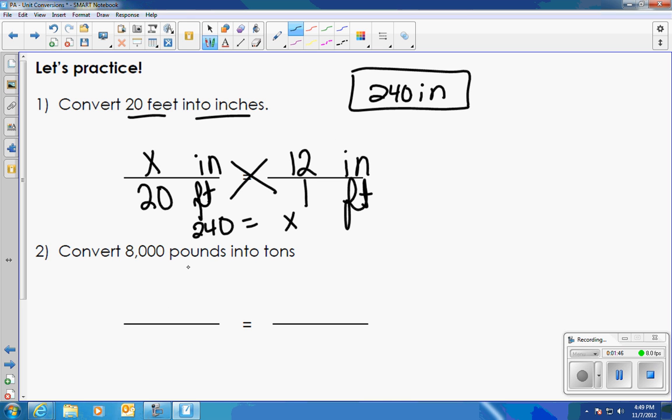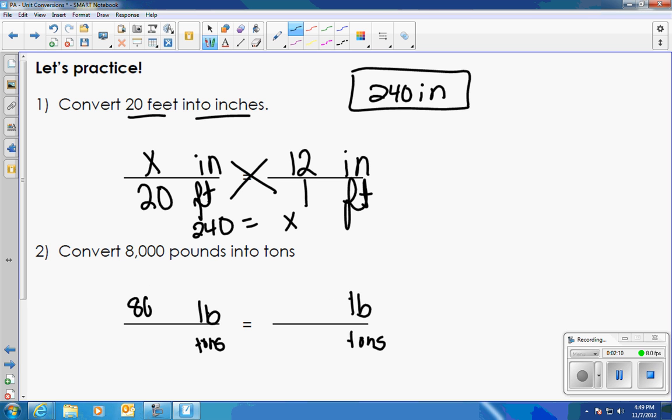When we're doing pounds and tons, tons is your bigger unit, so you want to put it on the bottom. And pounds is your smaller unit, so you want to put that on top. Now, if you would switch these, it doesn't really matter, as long as tons is across from tons and pounds is across from pounds, you're fine.